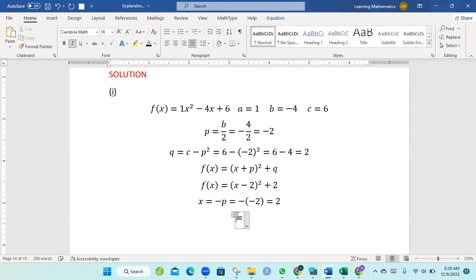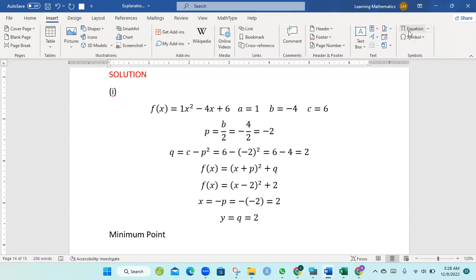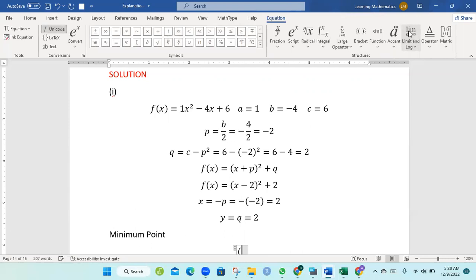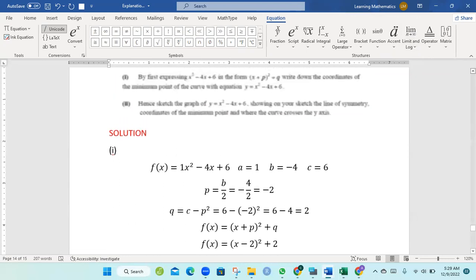The y coordinate of the minimum point is always equal to the value of q, and q is equal to 2. So the y coordinate is equal to 2. So the minimum point is (2, 2), and that takes care of part one.